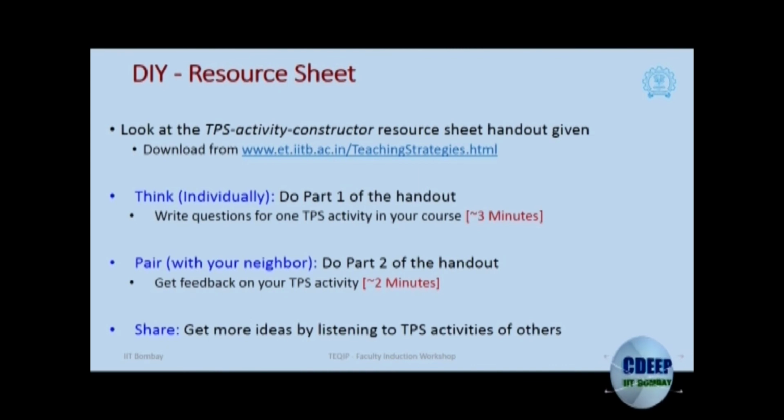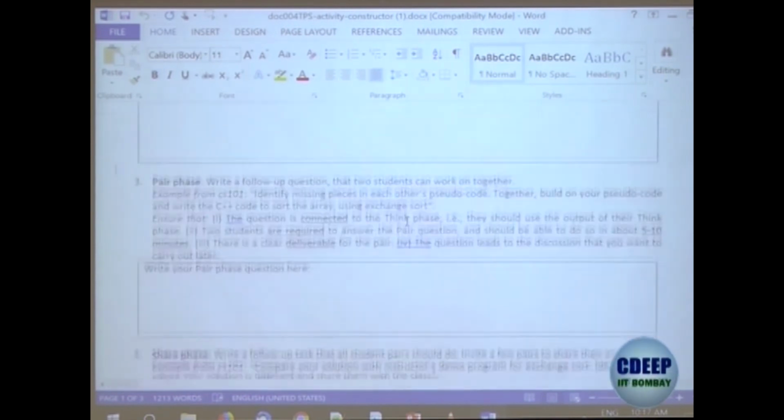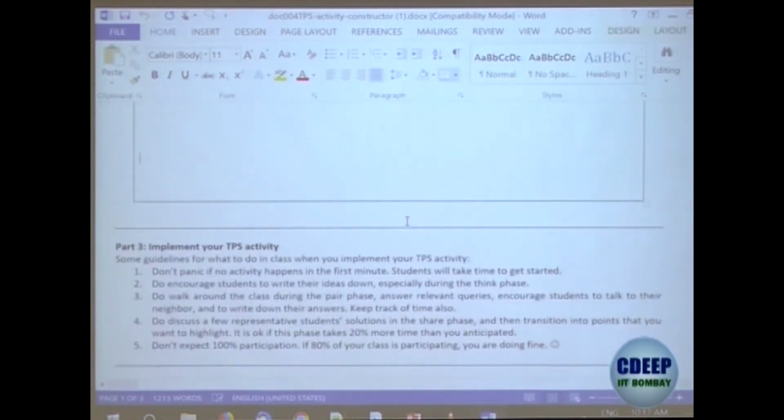If you go to our department website and look at resources, teaching resources, you will find all these lectures and slides that I have been using. We have created resources which help you to plan your TPS activities, and at the end of it, there are examples from technical topics.